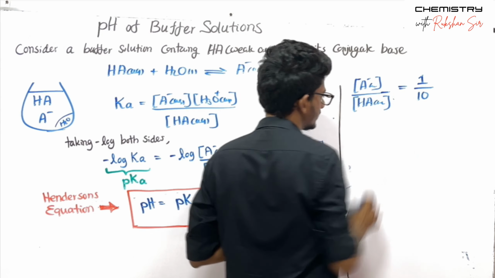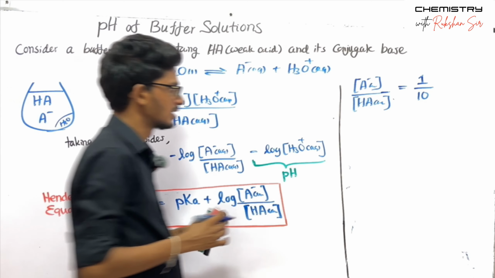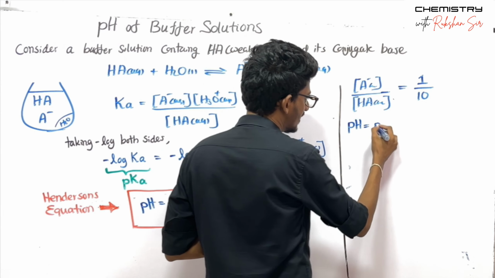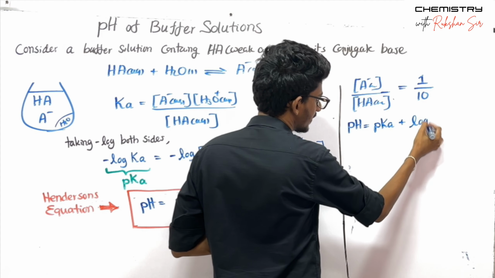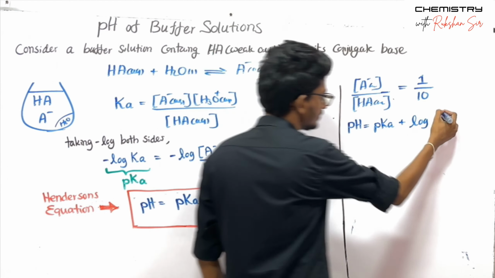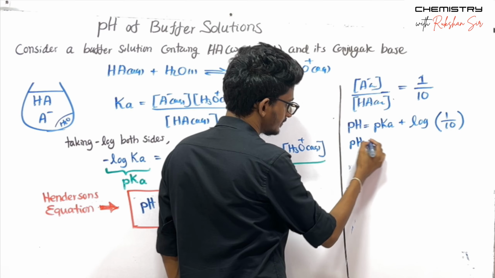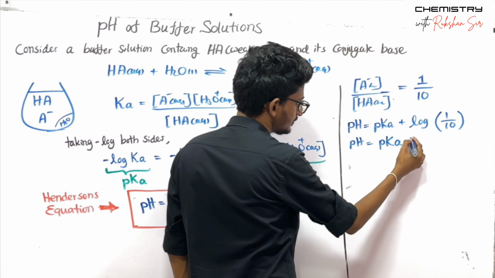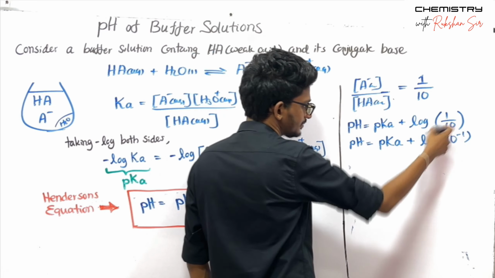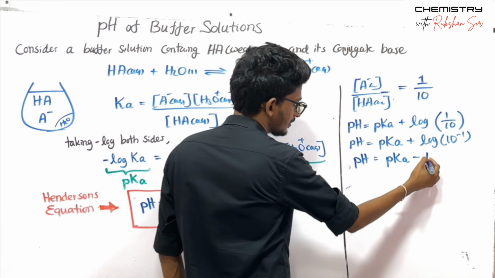This is the maximum possible. You can't exceed 10 units. 1 to 10 is the maximum possible ratio, right? So if you are applying that, your pH is going to be pKa plus log of this ratio. I am applying 1 to 10, so this is 10 to the power minus 1. That means this is minus 1, pKa minus 1.